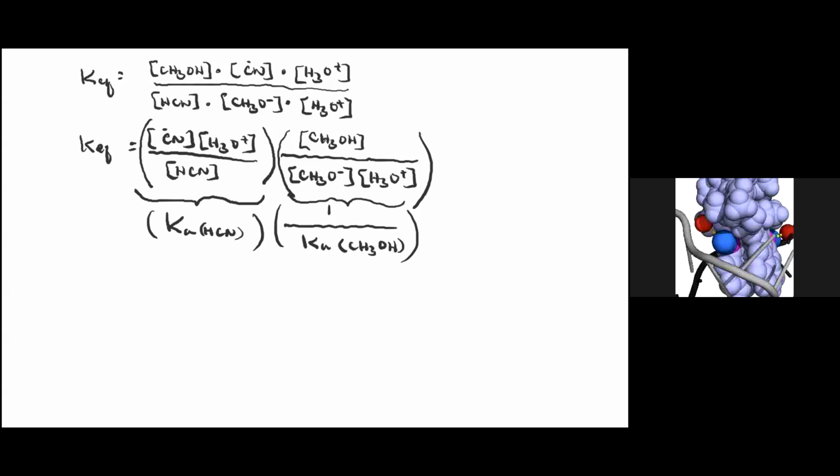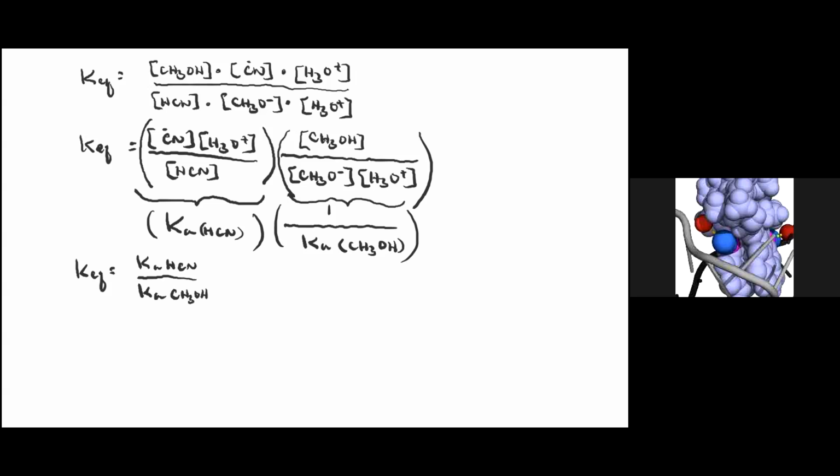And so then I can keep going with this, and I can write then that KEQ equals Ka of HCN over Ka of methanol.